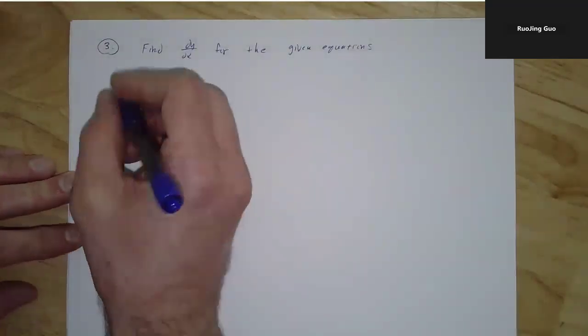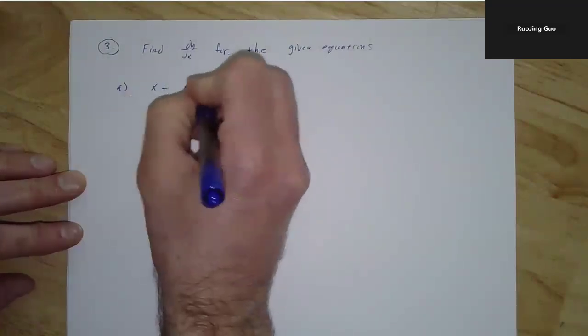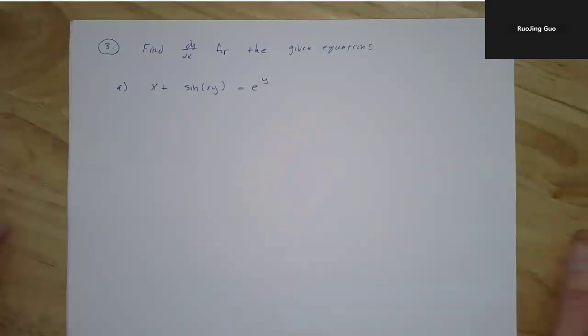So the first equation is x plus sine of xy equal to e to the y. What is this equation telling you you have to do without saying it in any words? Implicit, right? It's clearly an implicit problem, even though no one said implicit.